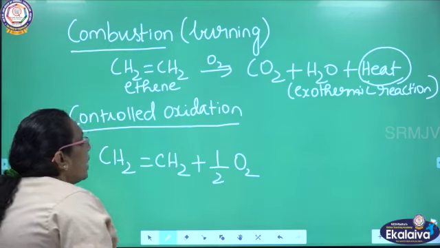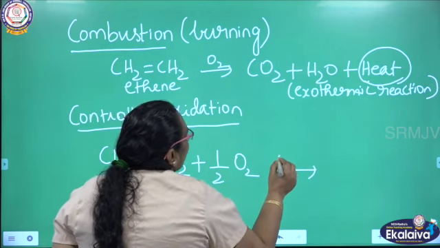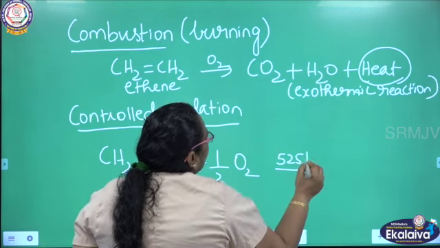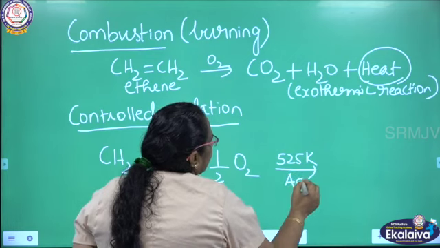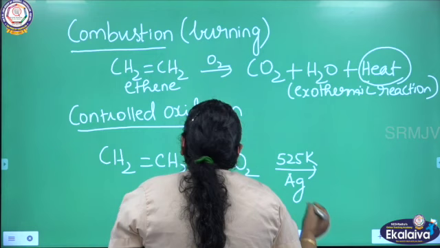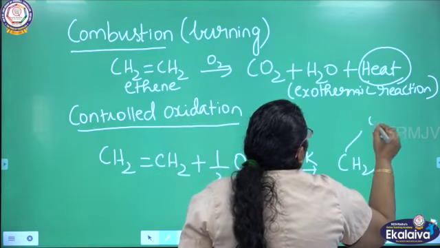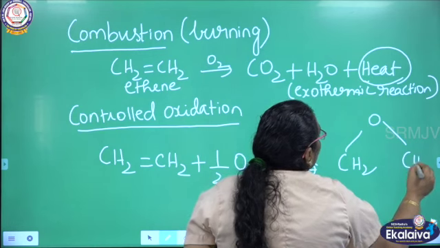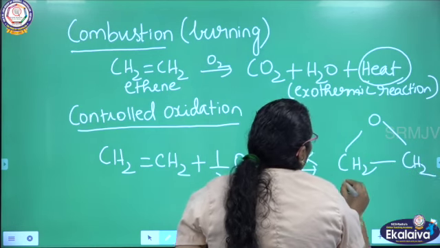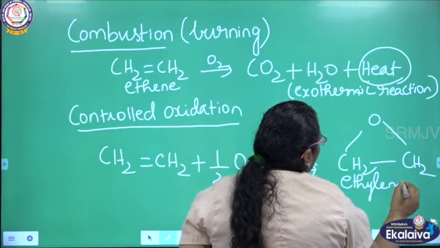So it reacts with half molecule of oxygen at 525 Kelvin in the presence of silver catalyst. So what is the product we are getting here? I am getting ethylene epoxide, CH2, oxygen, CH2 again here. So we can call it ethylene epoxide.